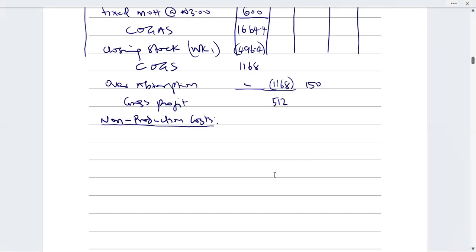So we have variable selling and admin at 50 kobo, 0.50. When you talk about variable selling and admin, it means that it will vary according to the number of units sold.